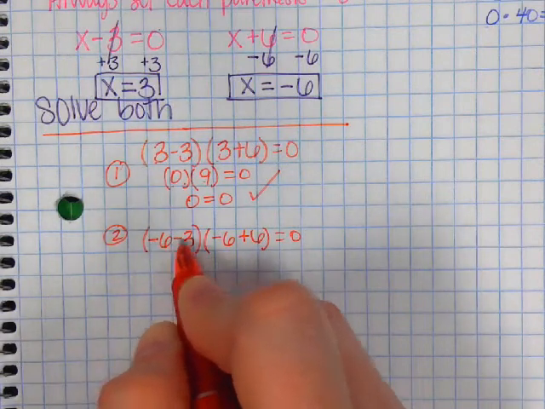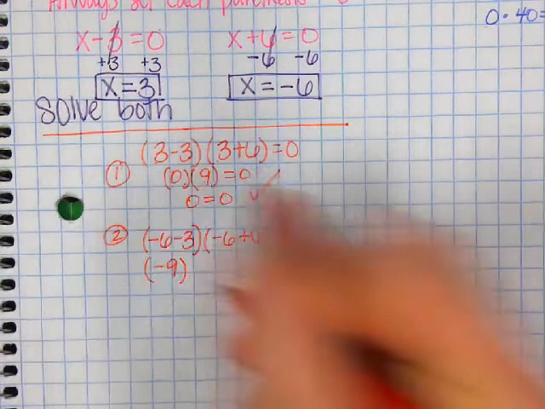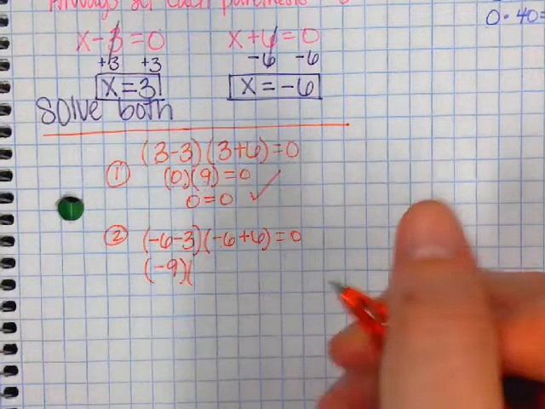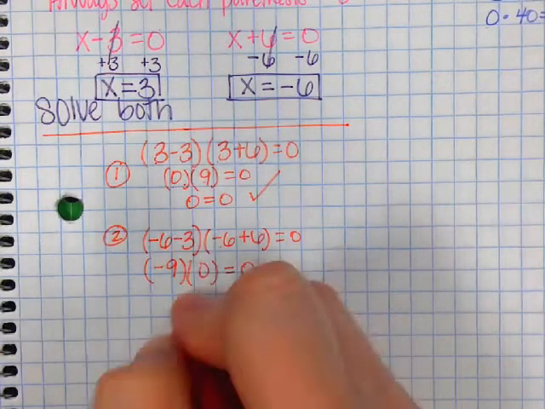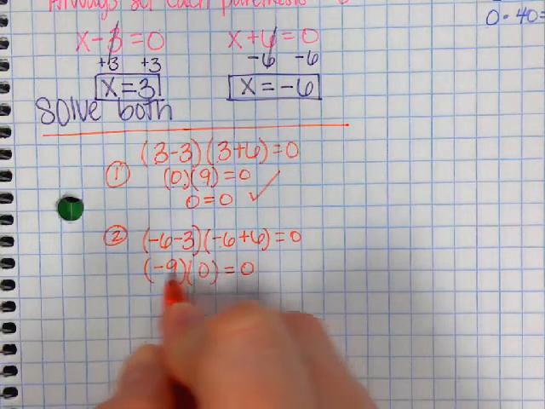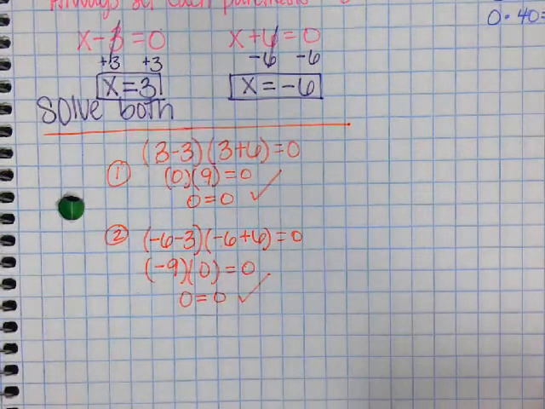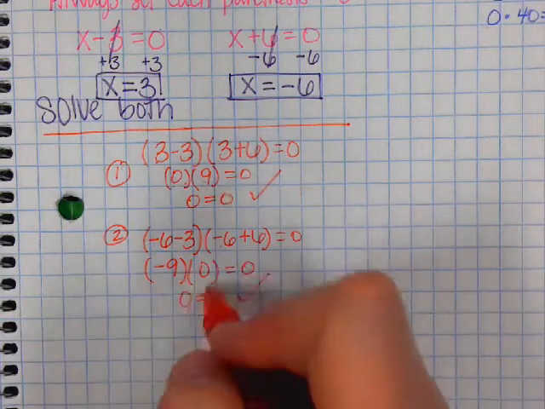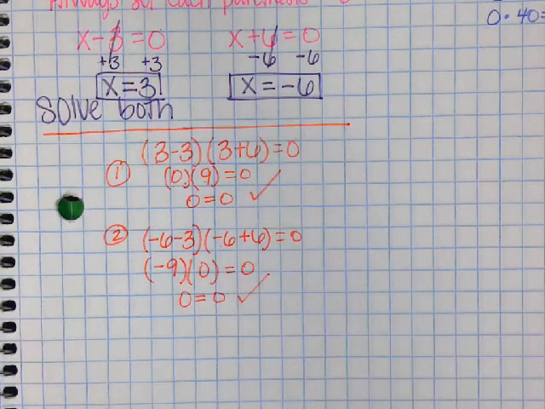Negative 6 minus 3, both of them are negative, so it would be negative 9. And then negative 6 plus 6 is 0. Negative 9 times 0 is 0. So they're both equal to 0. So both of those are solutions.